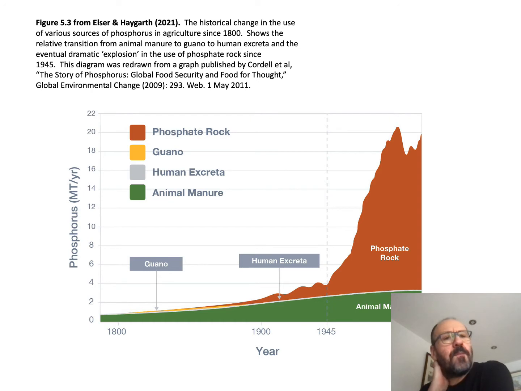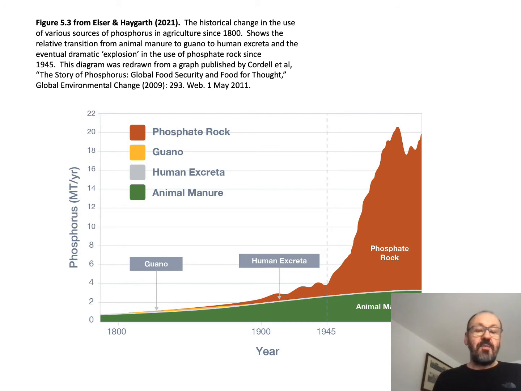So this figure, which is taken from figure 5.3 in the book of Elser and Haygarth, is the historical change in the use of various forms of phosphorus through time.